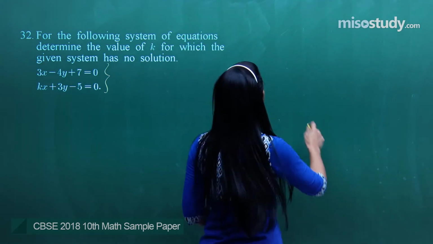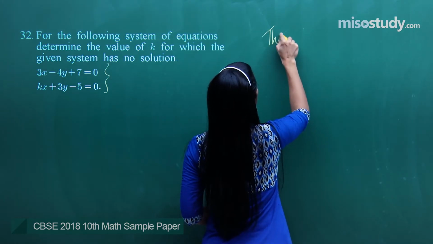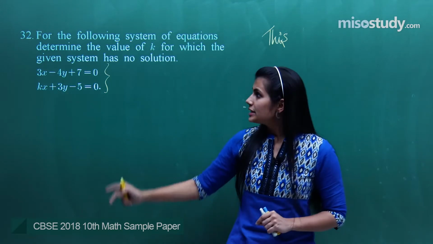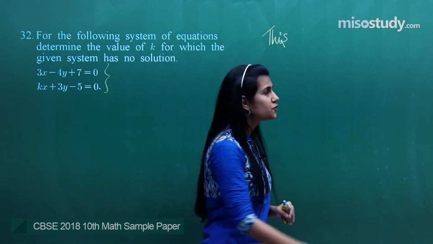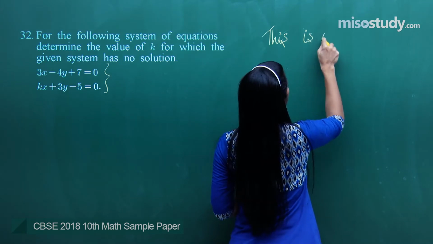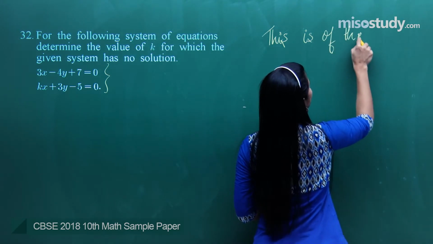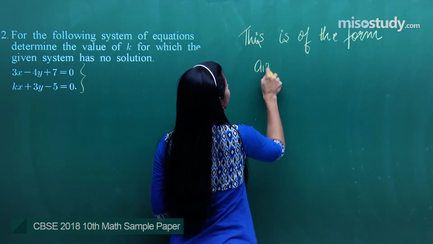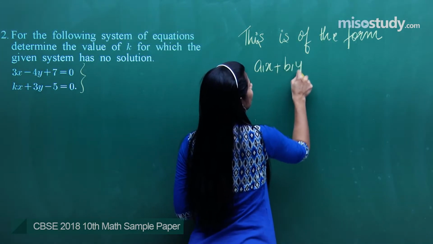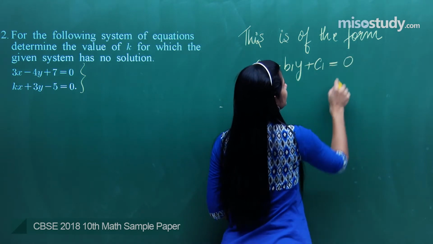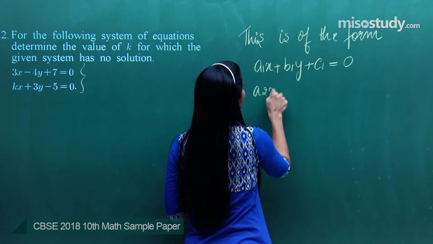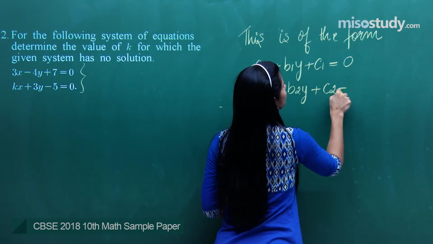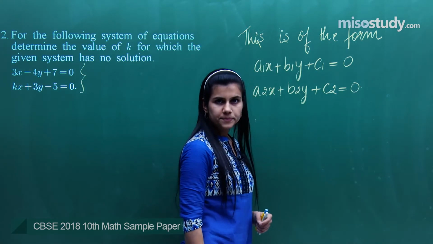What is the rule for having no solution? Now, this particular form resembles which form? This is of the form a1x plus b1y plus c1 is 0 and a2x plus b2y plus c2 is 0.